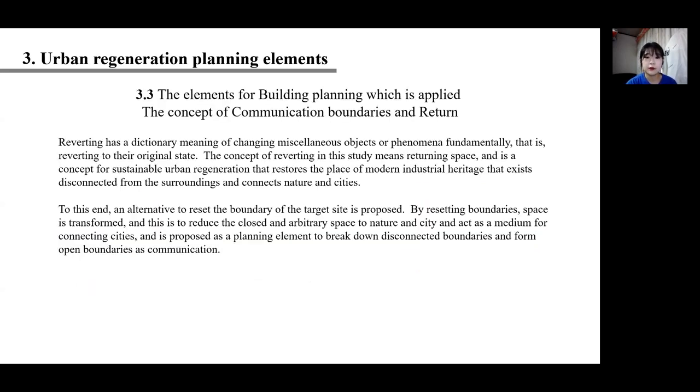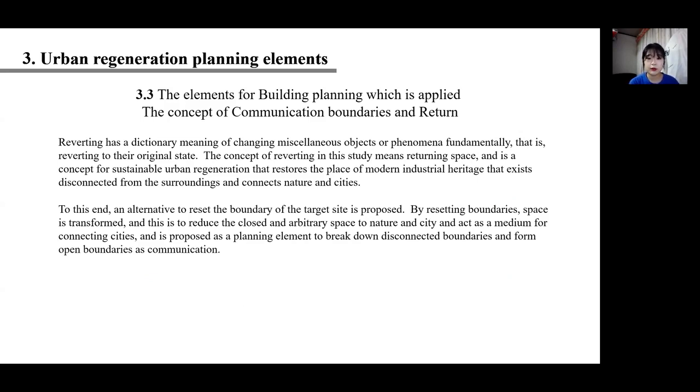The elements for building planning apply the concept of communication boundaries and reverting. Reverting is the dictionary meaning of changing miscellaneous objects or phenomena fundamentally, that is, returning to their original state.